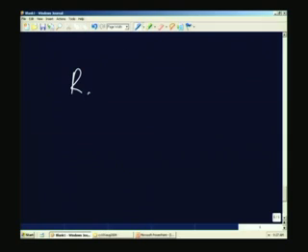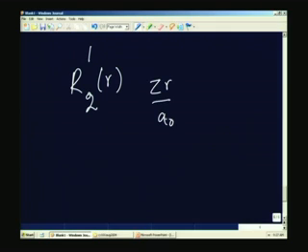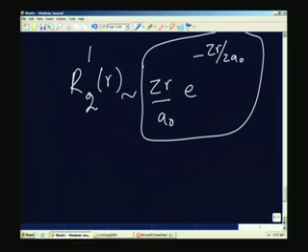Obviously, for r equal to 0, this goes to 0, and as r increases, this keeps on increasing. It is always positive, but the exponential keeps decreasing. So there is a tug of war between the increase due to r and the decrease due to the exponential. And you see the graph.